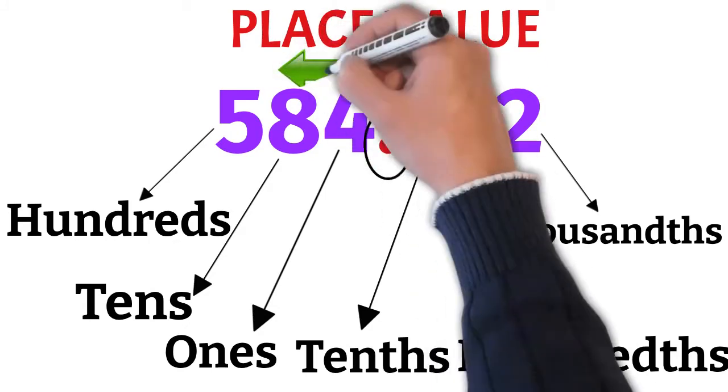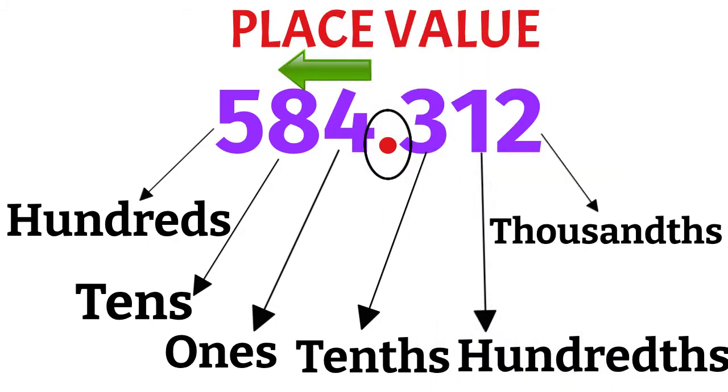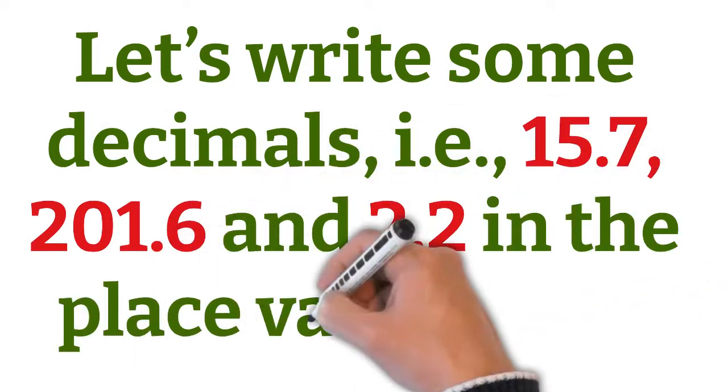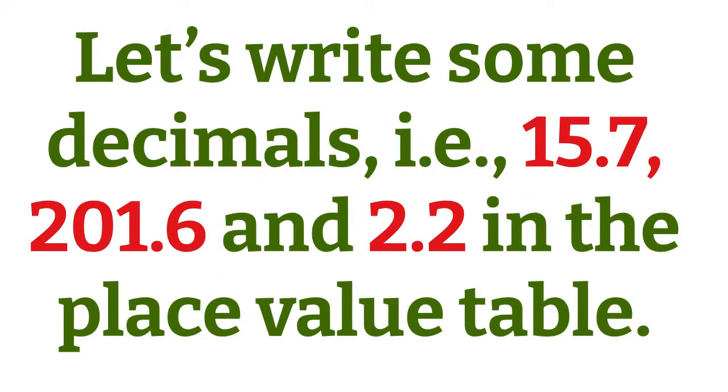By moving one place left, the place value increases by 10 times. And by moving one place right, the place value decreases by 10 times. Next, let's write some decimals, that is 15.7, 201.6 and 2.2 in the place value table.